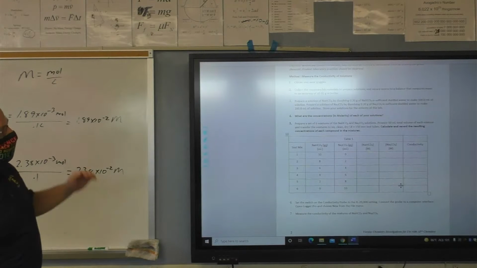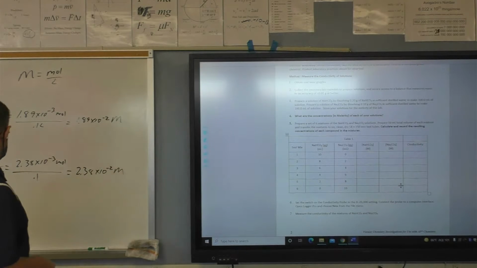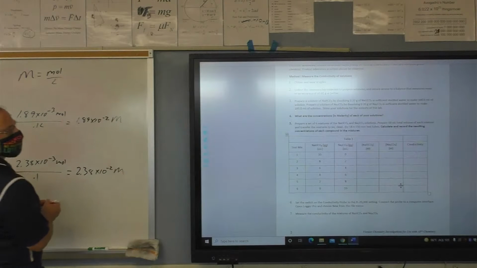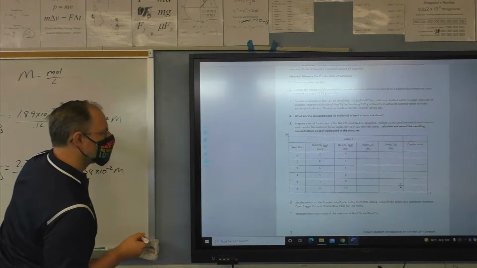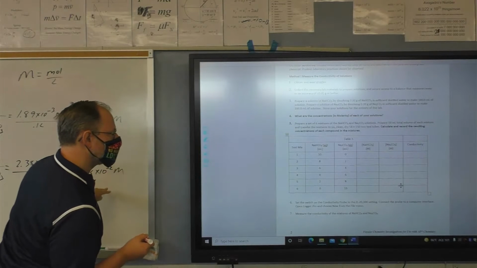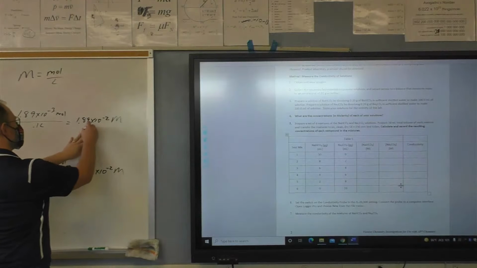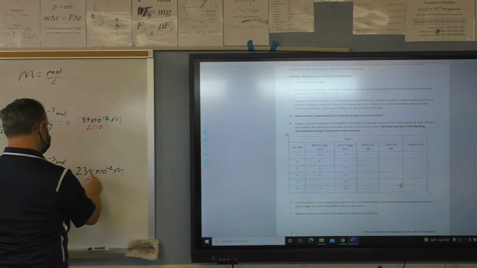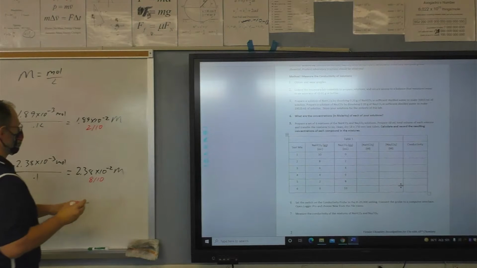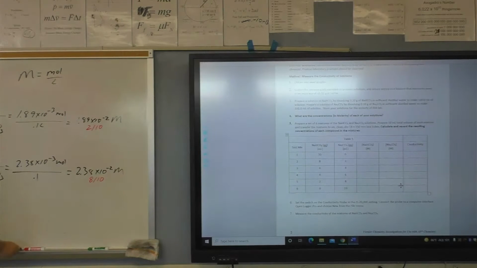Then to get experiments 2, 3, 4, and 5, you're going to multiply this by 2/10. Experiment 2 is 2/10, and this is going to be 8/10. Oh wait a minute, hold on.